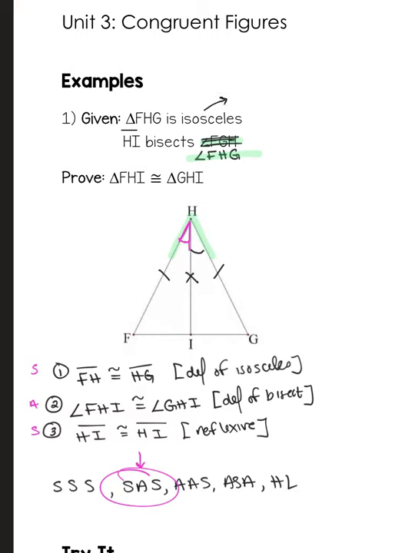So if I have an isosceles triangle, I know that's going to get me two congruent sides. If I bisect an angle, that is going to give me two congruent angles. And those were the first things that we were able to document, a pair of sides and a pair of angles. Okay, so I'm going to go back over here.